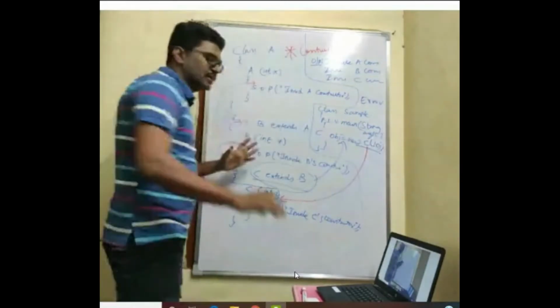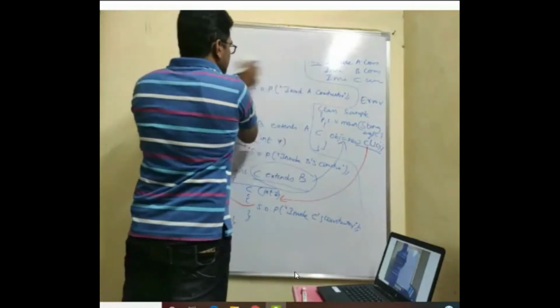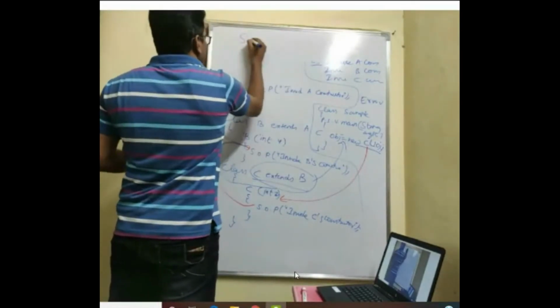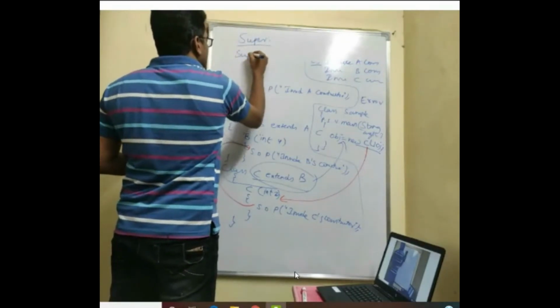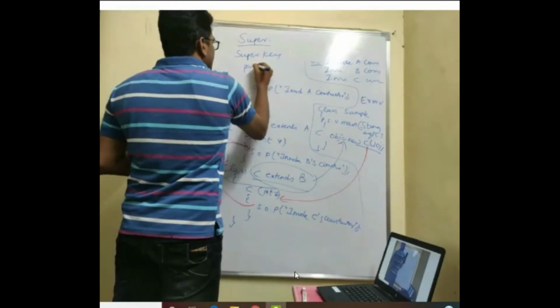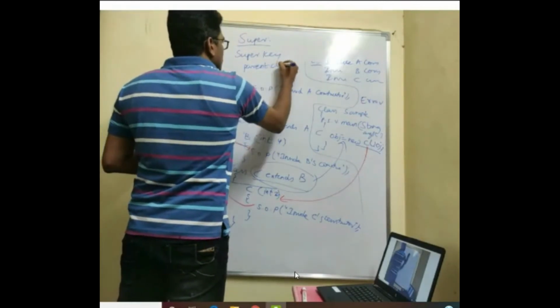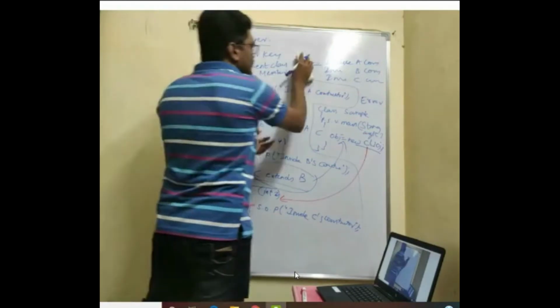So for that, what we do is we go with the super keyword. The main purpose of the super keyword is to refer to the parent class members. What is the purpose of the this keyword?